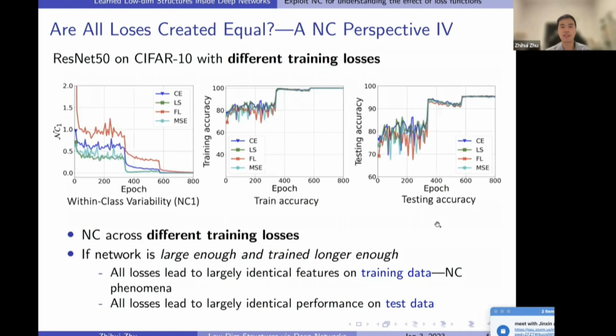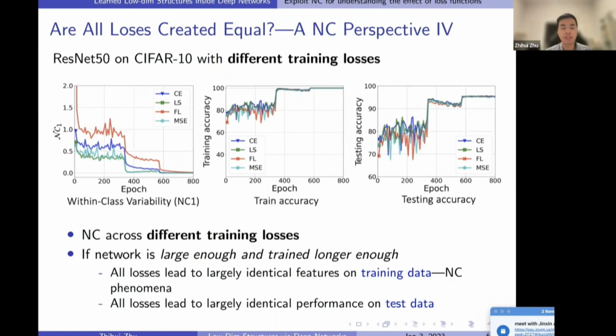Now we conduct the experiments with ResNet-18 and using different training losses. The leftmost figure plots the learning curves in terms of the within-class variabilities for these 4 different training losses.